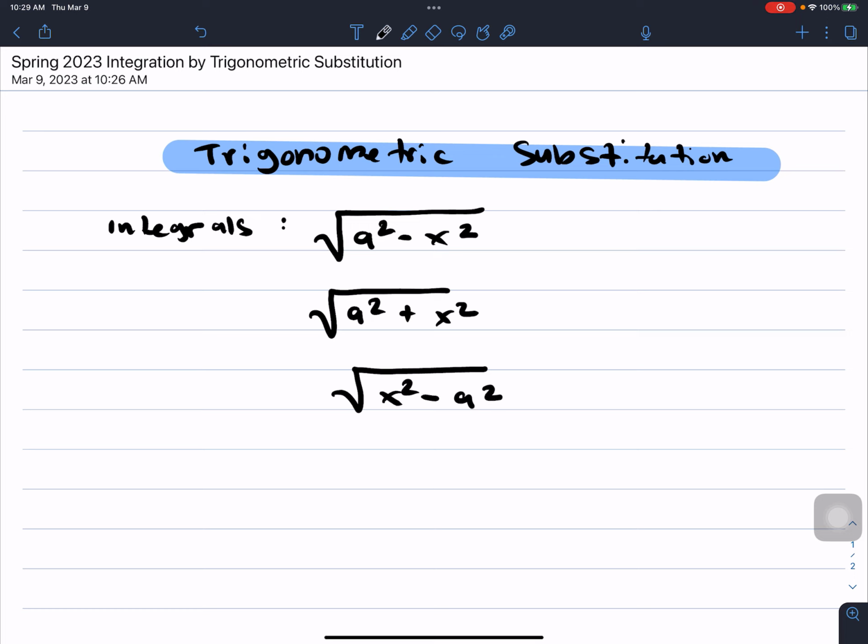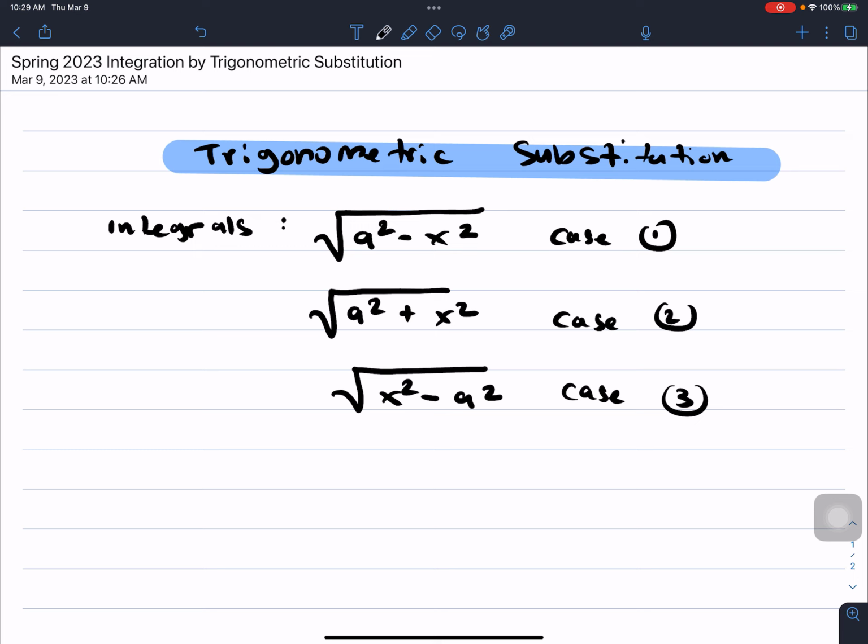So whenever your integrals involve these types of integrands, you're going to use what's called a trigonometric substitution. We call that case 1, we'll call this case 2, and we'll call this case 3.